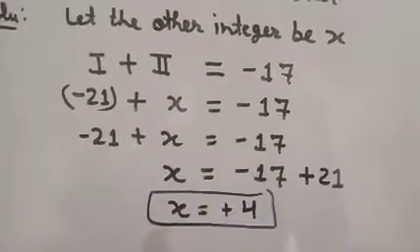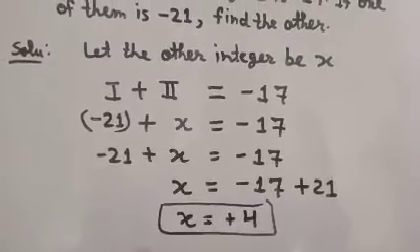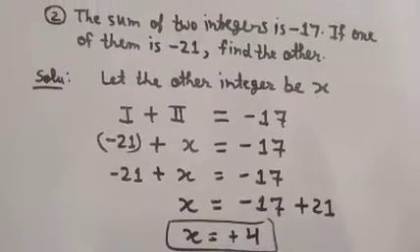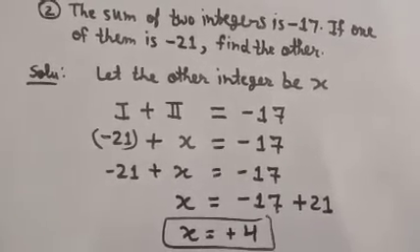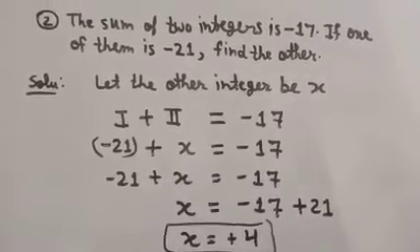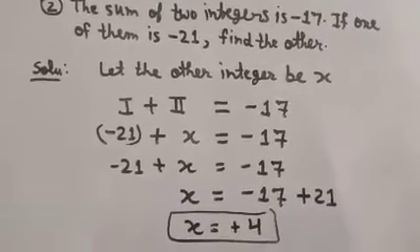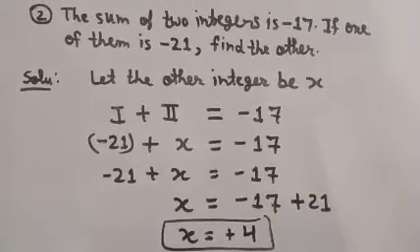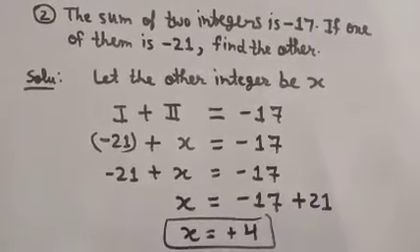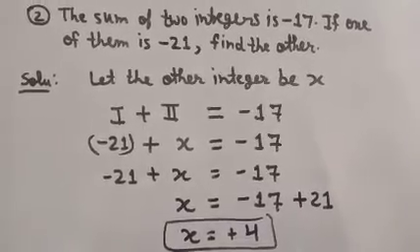Hence the other integer is plus 4. So student, I hope you will understand this part of integers. How will you solve the subtraction of two or more integers? You will practice a lot, and if you face difficulties, we will discuss in our live classes as well.